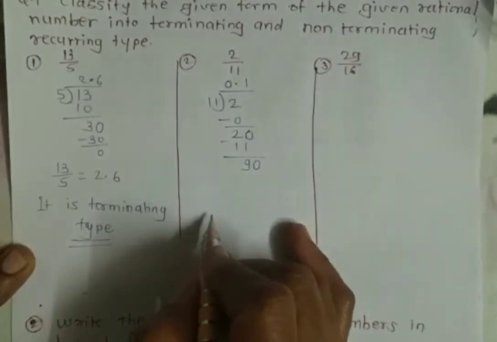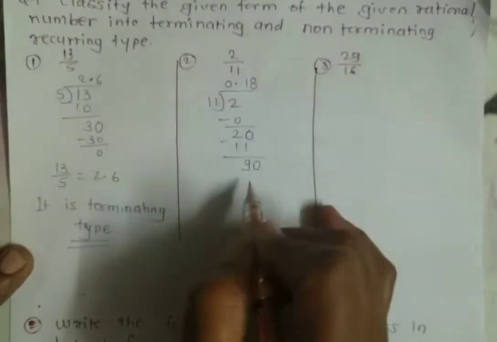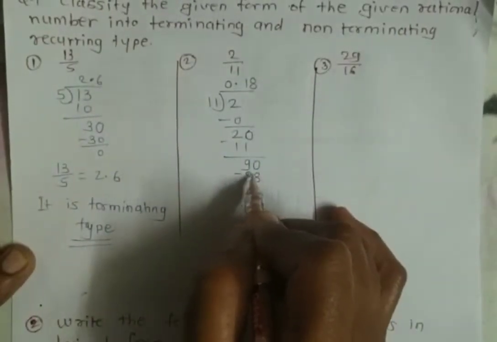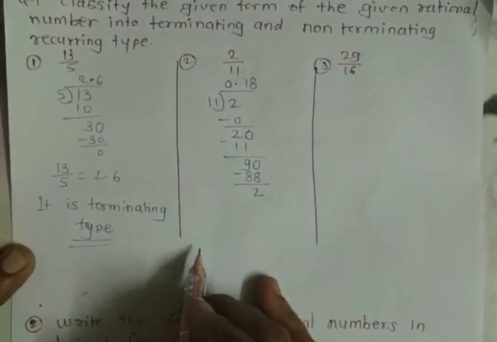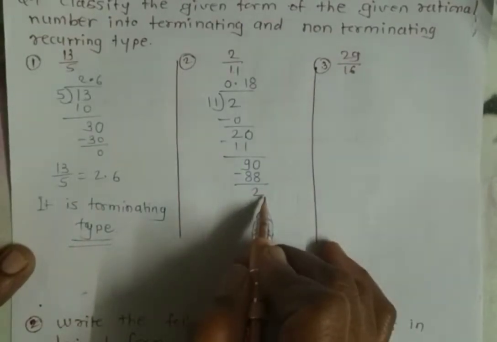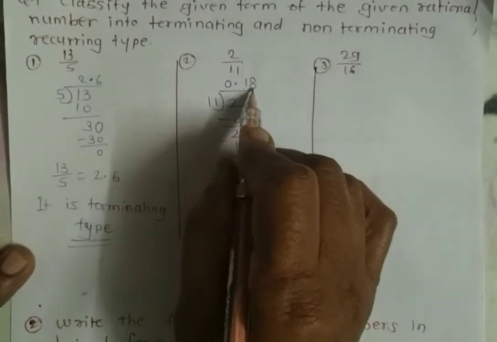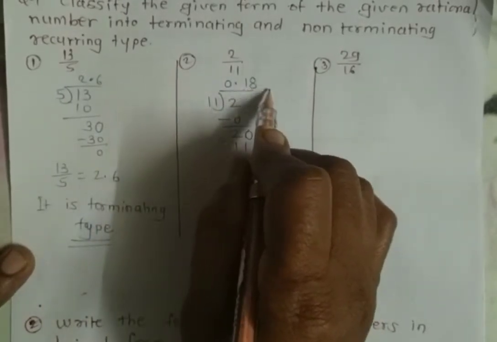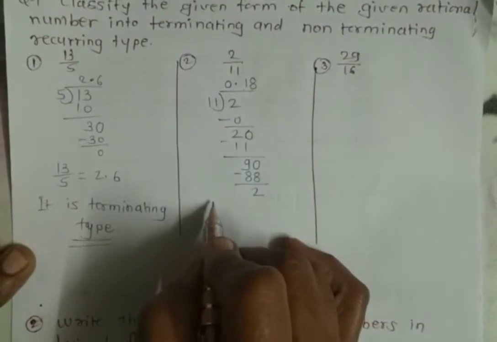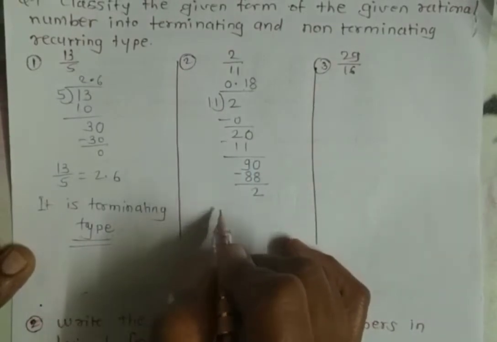Again take one more 0. 11 eights are 88, 2 remaining, and if we take one more 0, then again we will get 1 after that 8, again 1 after that 8, which means the decimal form is recurring type.